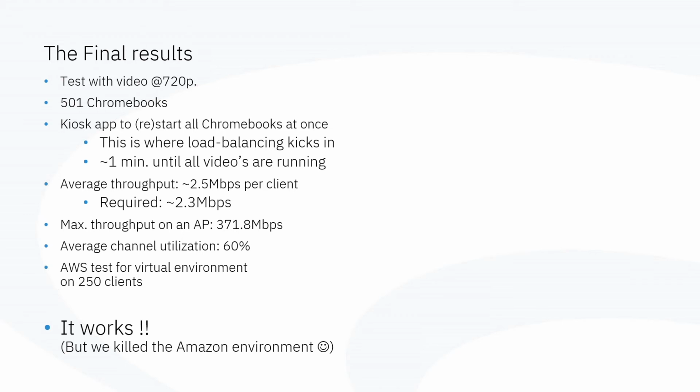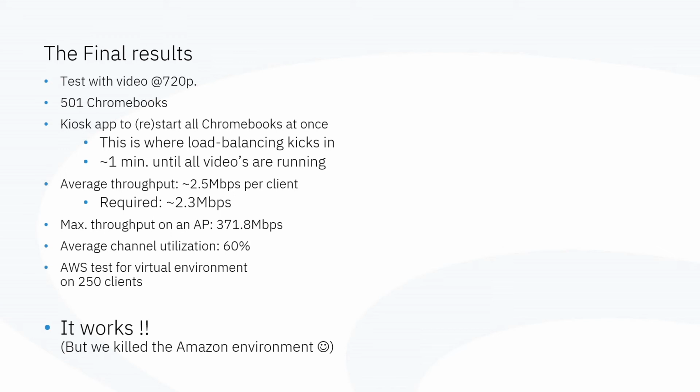And within 1 minute, all clients were booted, connected to the Wi-Fi network, stabilizing and running video, which is pretty impressive if you see it happening. We had an average throughput of about 2.5 megabits per client, and our requirement calculation came down to we need 2.3 megabits per second throughput if we want to have a smooth experience for the students taking an exam.